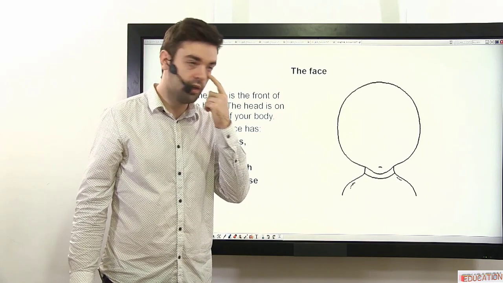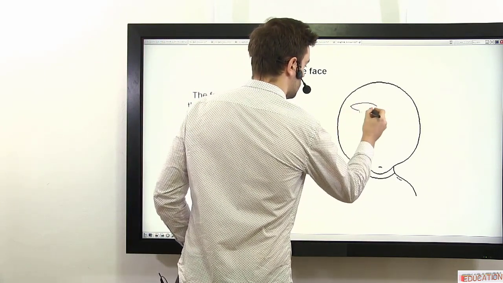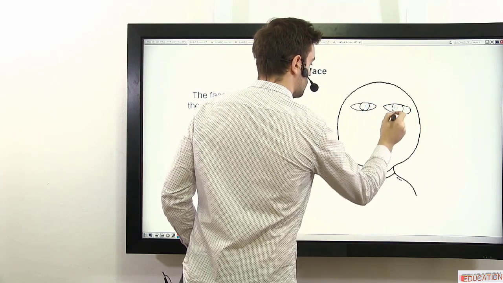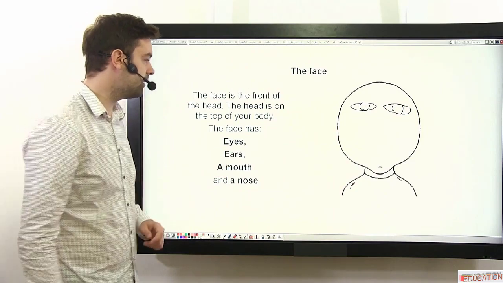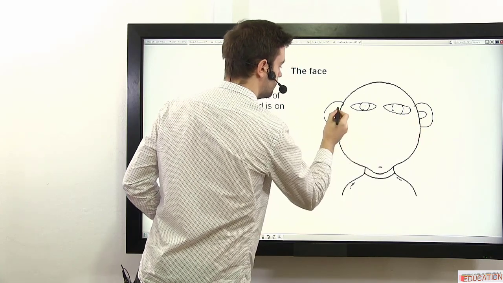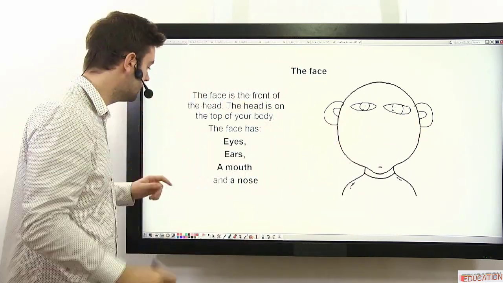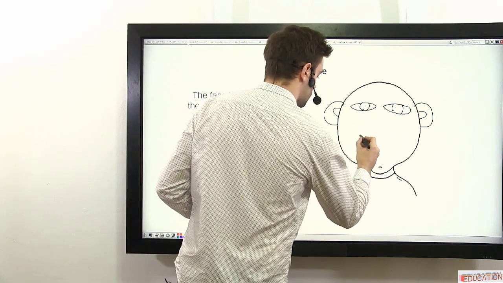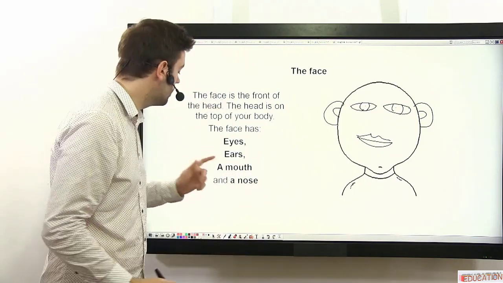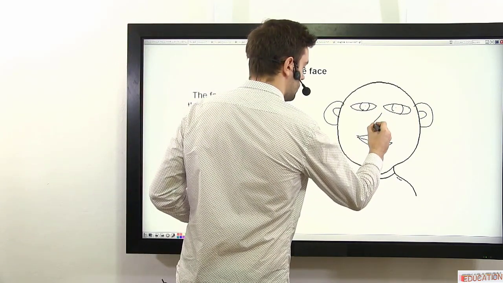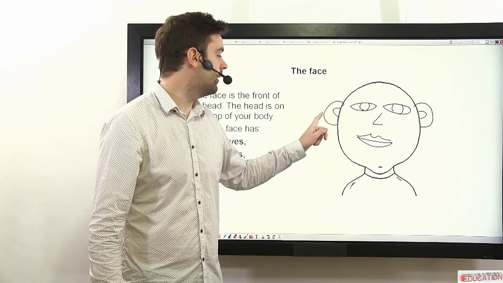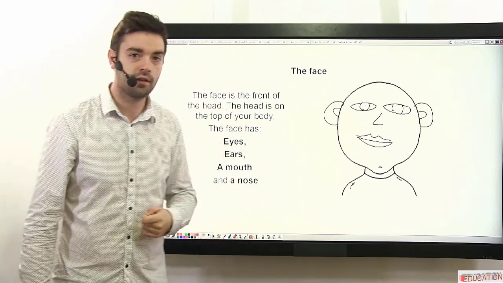Firstly, eyes, ears, a mouth, and a nose. So we have the eyes, ears, mouth, and nose.